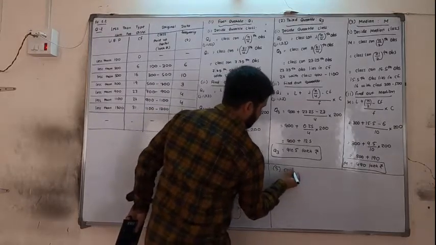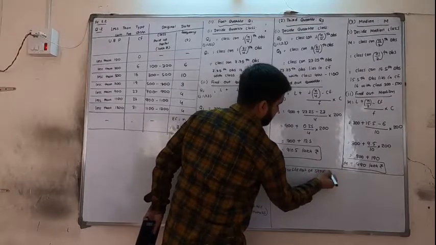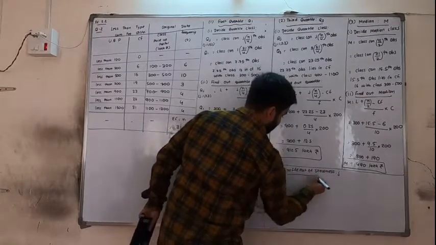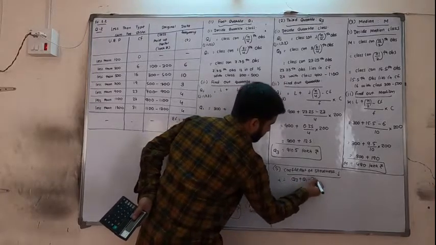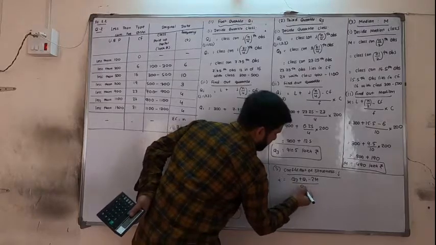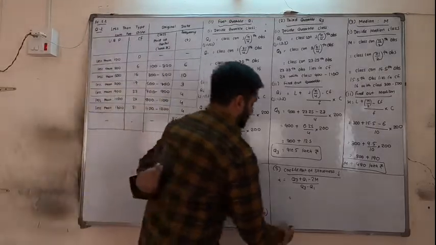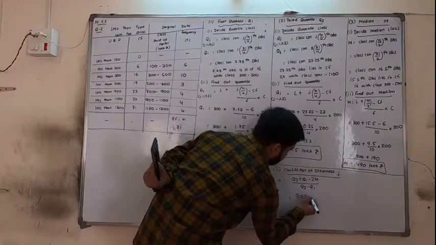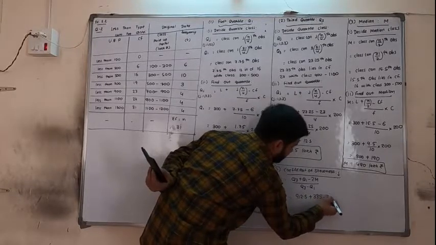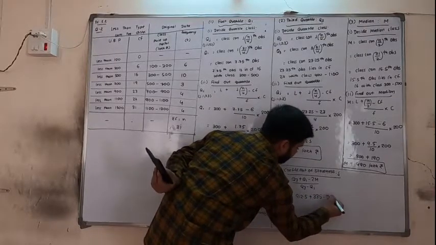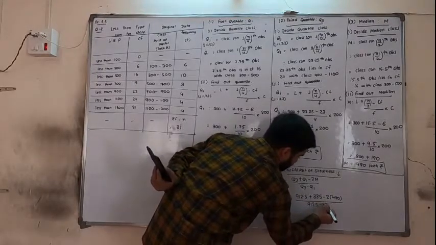Fifth step, coefficient of skewness, that is J. J is equal to Q3 plus Q1 minus 2M divided by Q3 minus Q1. 912.5 plus 335 minus 2 into 490, divided by 912.5 minus 335.